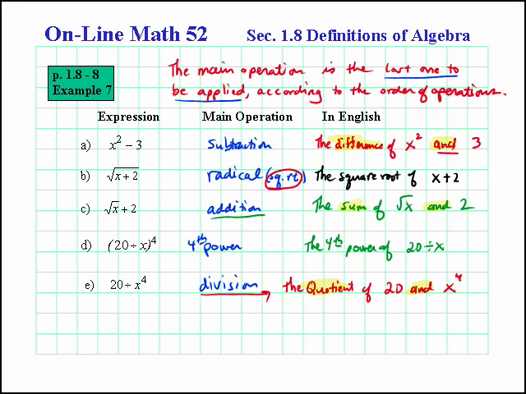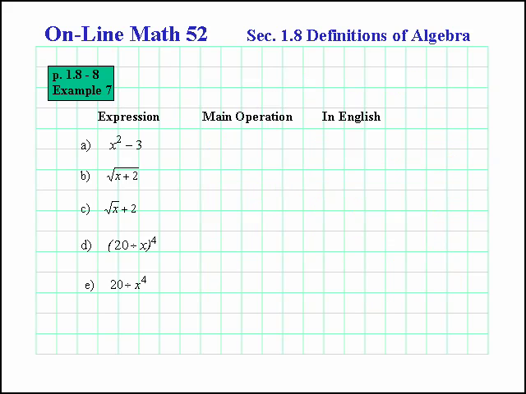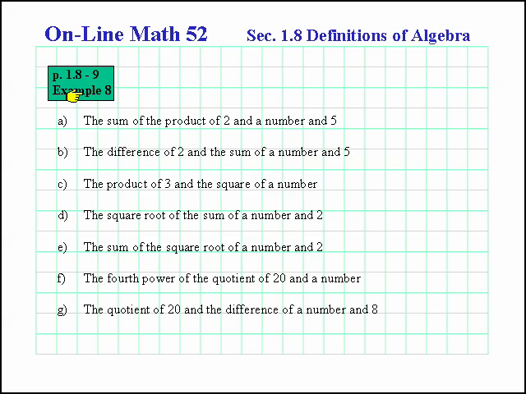Example 8 is going to take it to the next level. And we're actually going to write out everything, because even this one here is by itself a quotient of 20 and x. So we're going to look at interpreting, I'll admit, some challenging problems here. Example 8. This set of exercises is more challenging.